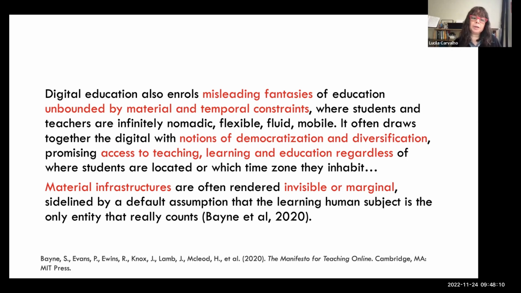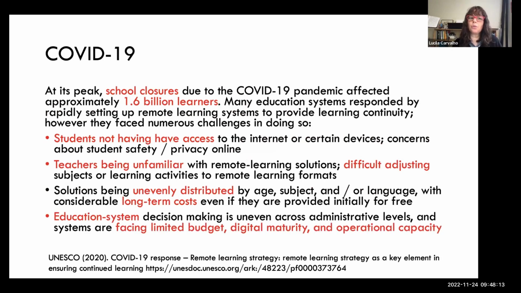And this kind of became quite evident during COVID-19, not just here in New Zealand, but everywhere, all around the world. This is from UNESCO, so it's 1.6 billion people that were affected by the pandemic.